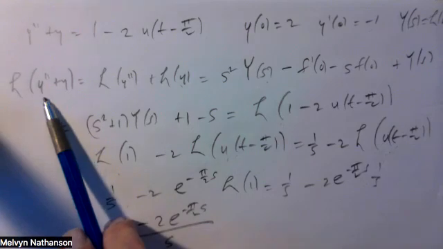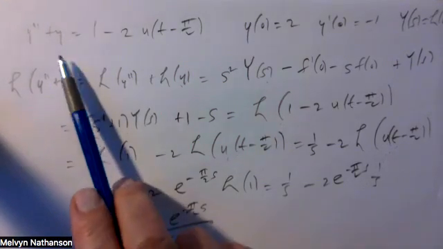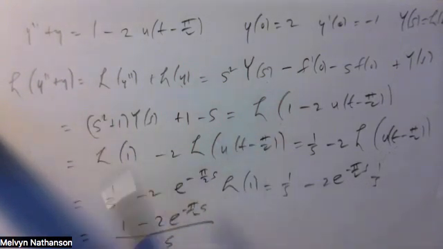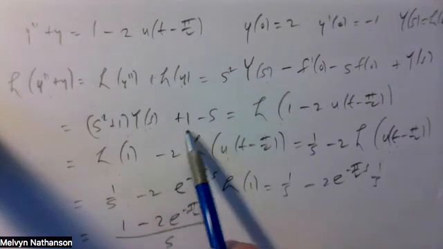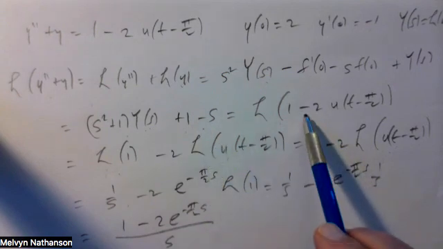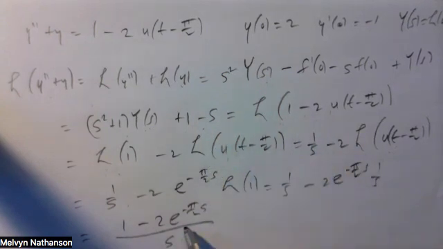So again, here is the Laplace transform of the left-hand side of our differential equation. It's equal to s squared plus 1 times Y of s plus 1 minus s. And that's equal to the right-hand side, which is this.